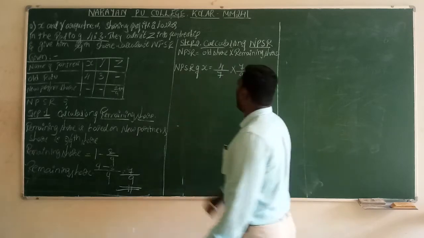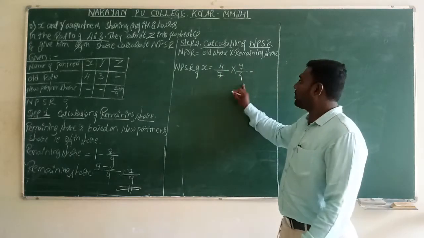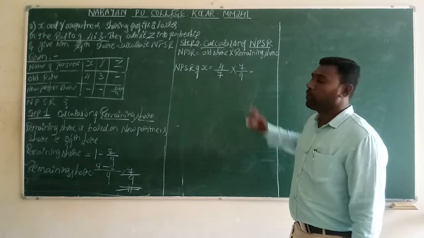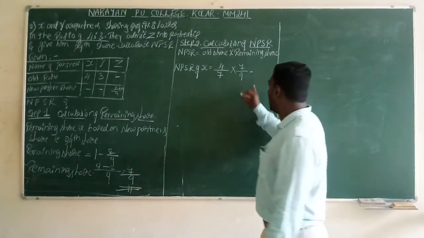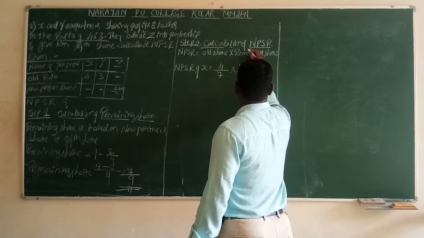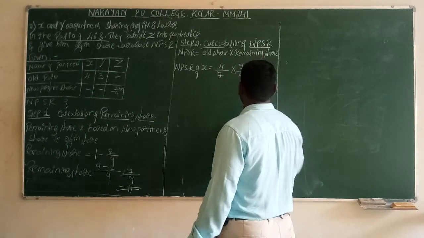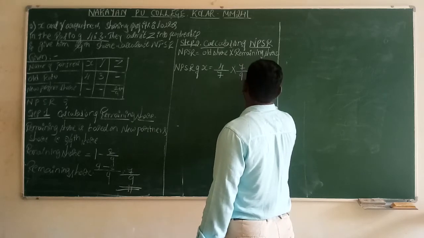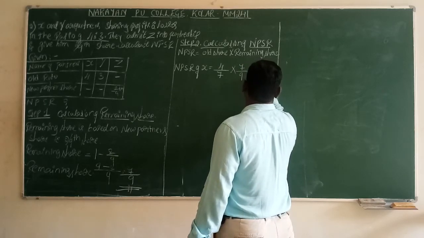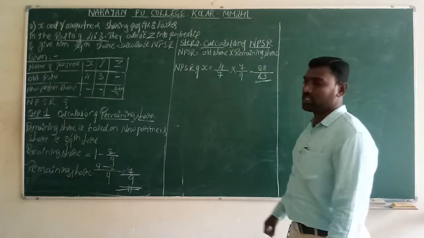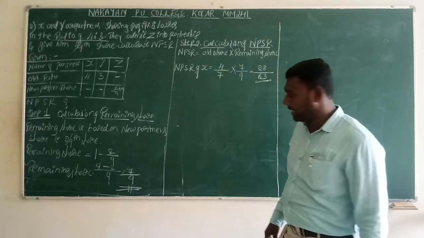Therefore, we multiply numerator to numerator and denominator to denominator to get the new profit sharing ratio. So 4 sevens are 28, and 7 nines are 63. So the new ratio of Mr. X is 28 divided by 63.